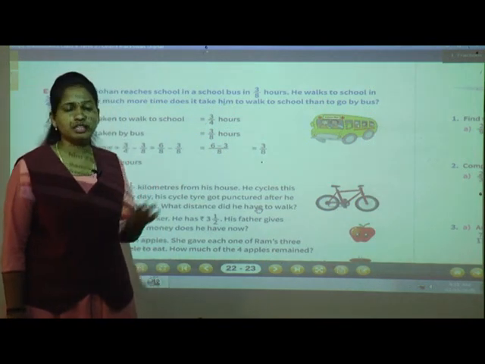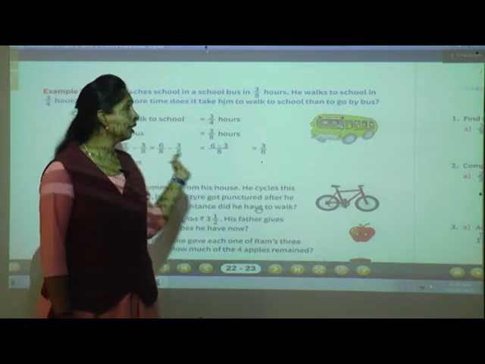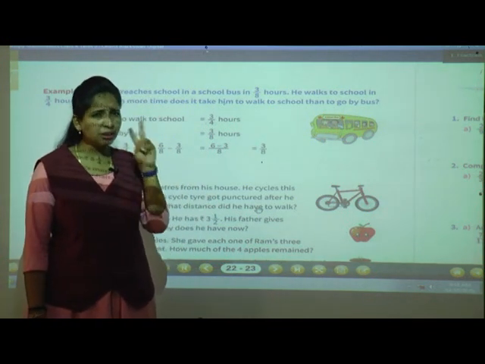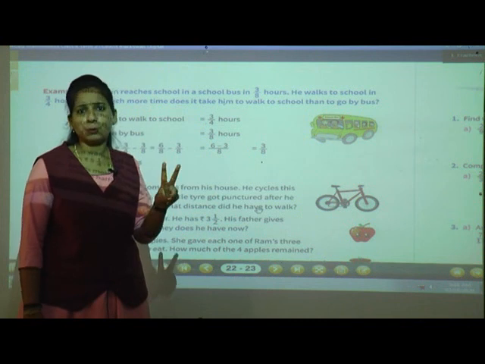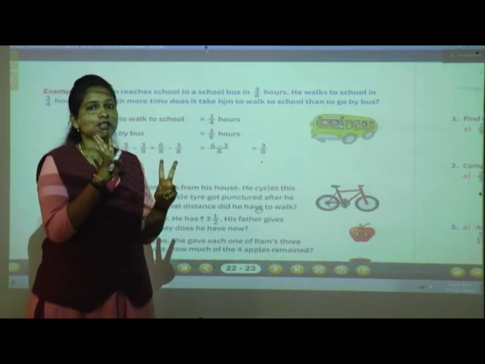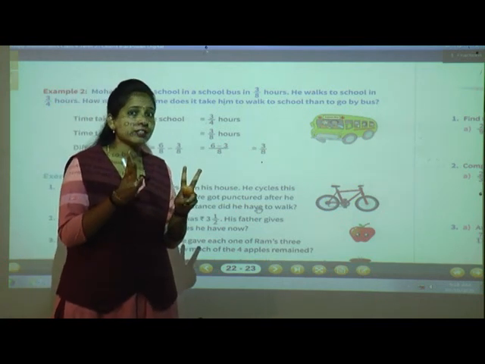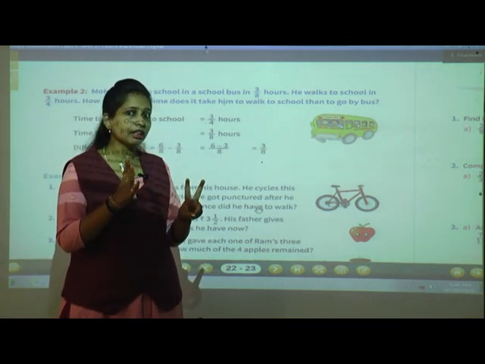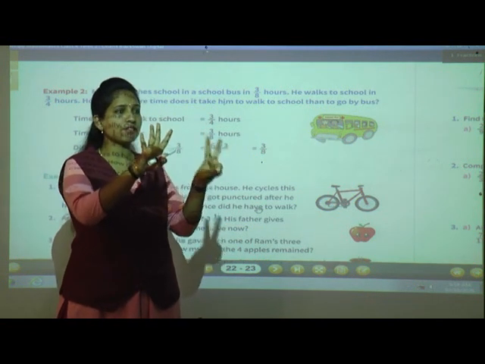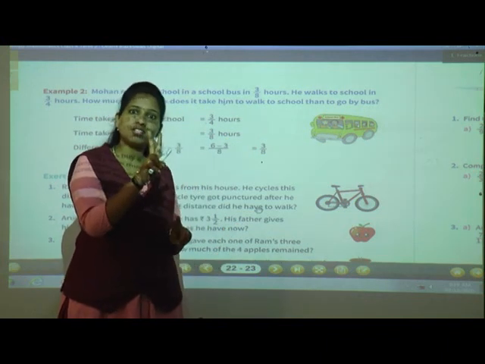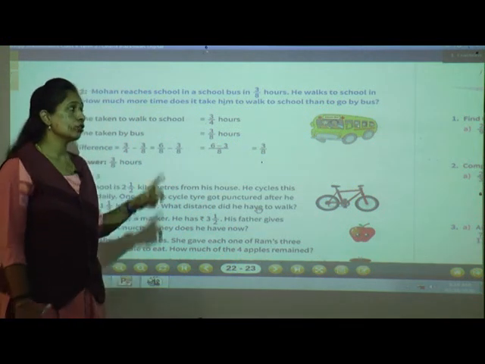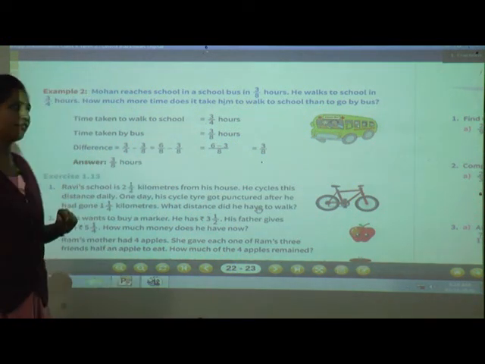If I tell you Mohan reaches school in a school bus in 2 hours, and suppose if he comes by walking, it takes 4 hours. So how much more time does it take? Yes, for walking. So what will you do? Immediately you will subtract 4 minus 2, 4 hours minus 2 hours. So 2 hours more he needs extra while coming by walking, isn't it? In the same way we have to find out in the fractions.